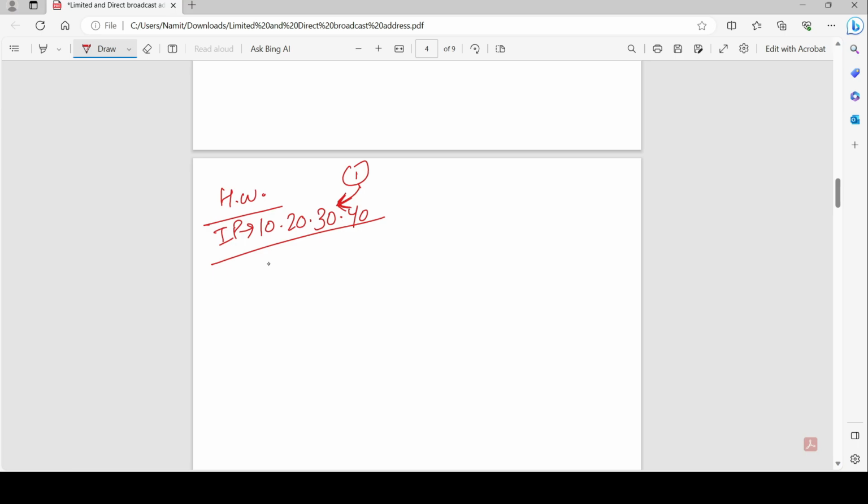Find out the limited broadcast address, then the directed broadcast address, and tell us the network address of this other network. These 3 parts.